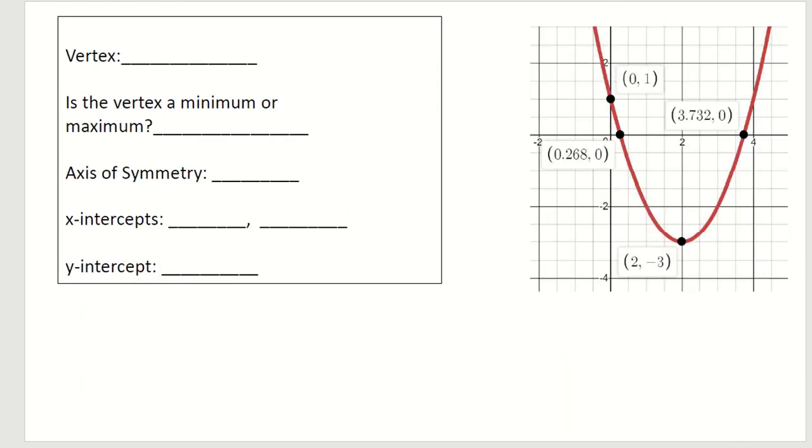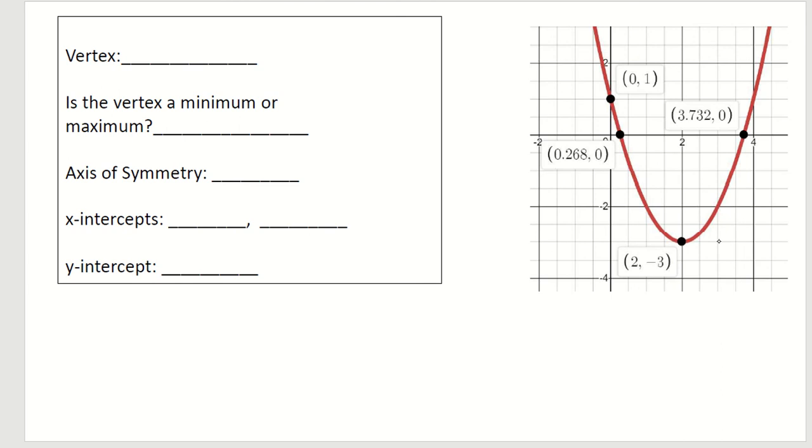For this last part, we're going to identify the key features of a parabola. In this case, I've already graphed one in Desmos, and it looks like it's probably a parabola that opens up, so the a value would be positive. And I'd like to talk about a couple key things. The first thing that we talk about is the vertex, and I've always thought of the vertex as the most important point on the parabola. It's kind of where both sides come together.